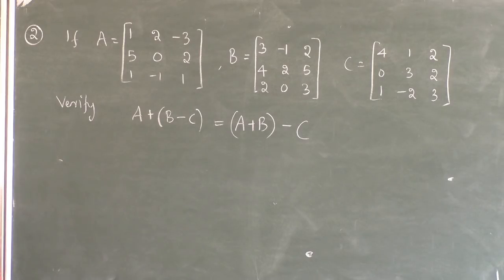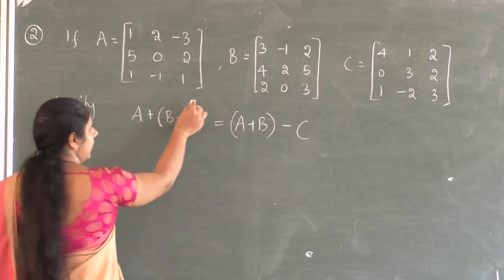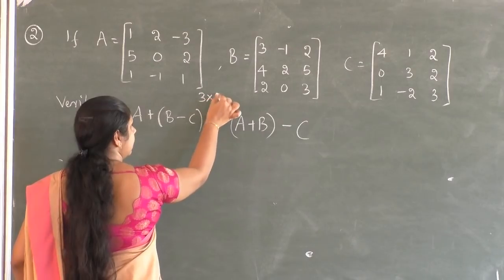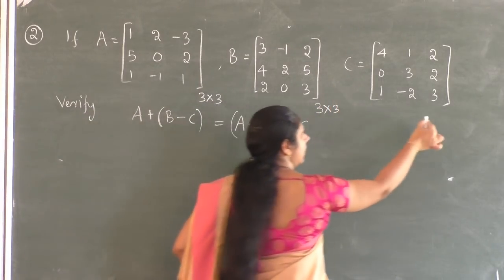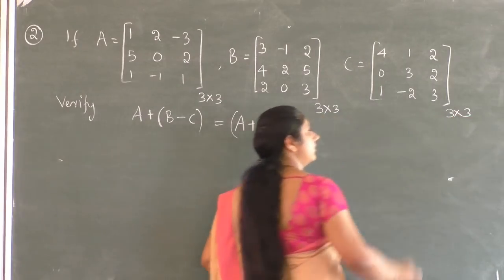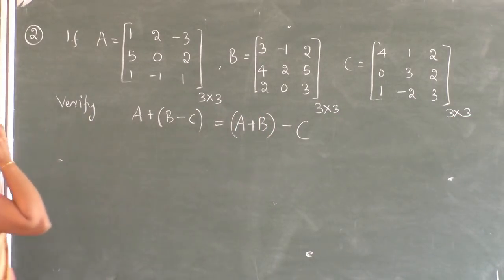Before adding or subtracting any two matrices, first you have to check the order of the matrices. Here, order of A is 3 cross 3, again B 3 cross 3, and also C 3 cross 3.